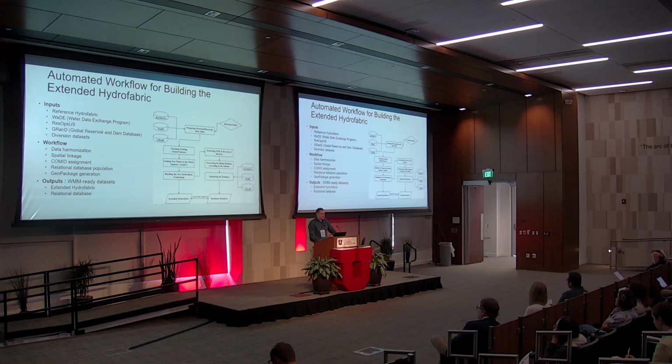Here you can see the general steps of creating the extended hydrofabric. The process starts with collecting and harmonizing data from different sources, including WaDE, ResOps-US, GRanD, and diversion datasets. Next, we perform spatial linkage, where water management infrastructure is connected to the hydrofabric segments using persistent COMID identifiers.